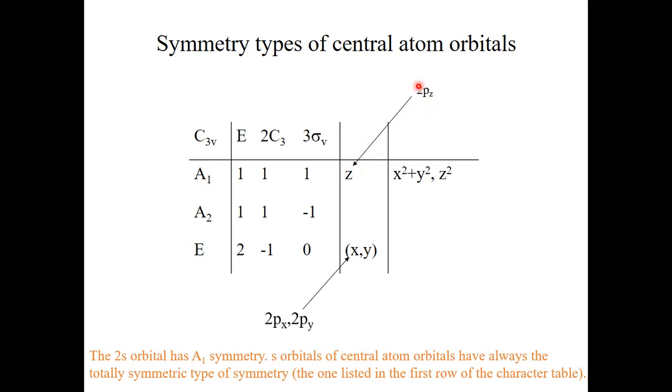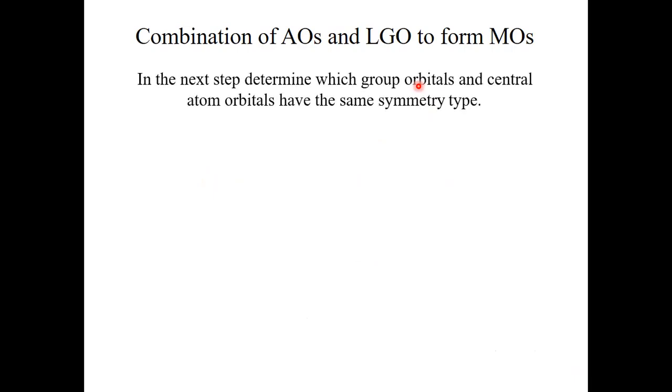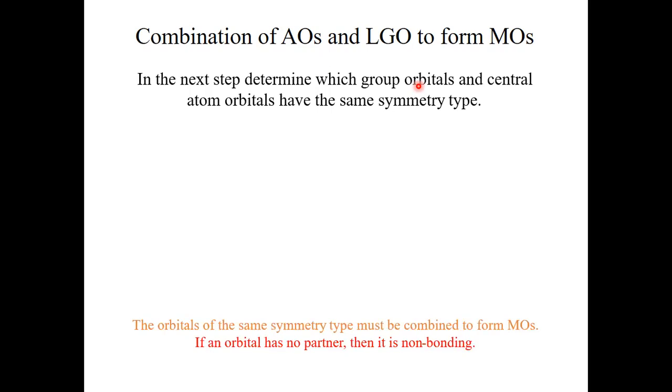Okay, now we have basically all the knowledge in order to construct our molecular orbitals. Let's first determine what orbitals we can combine and what symmetry type they would have. We can go through the symmetry types and determine, well, are there partners that can be combined to form molecular orbitals? If an orbital does not have a partner with the same symmetry type, then that means that the respective orbital is non-bonded.